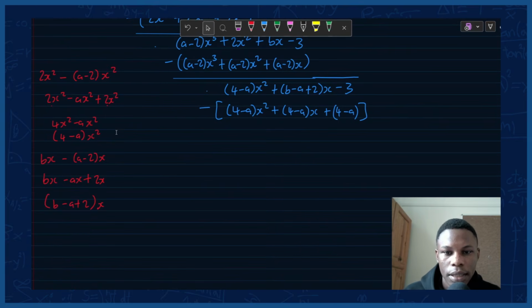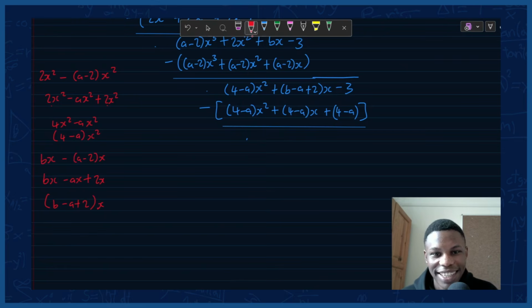Okay. Now simplify. The 4 minus a x squared cancels out with 4 minus a x squared, that's 0. Then b minus a plus 2 x minus 4 minus a x. There's a lot going on there.